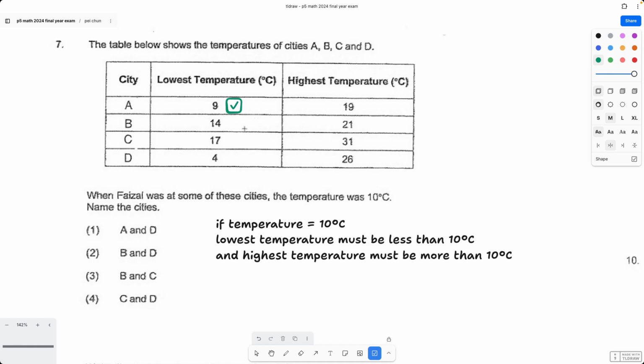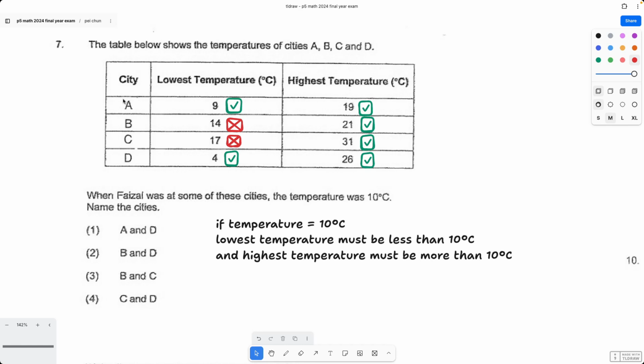This is correct, and this is correct as well. Sadly, the other two in this case are not. And then the rest are also okay. So highest temperature, everything is good, right? So in this case, that means the answer is A and D.